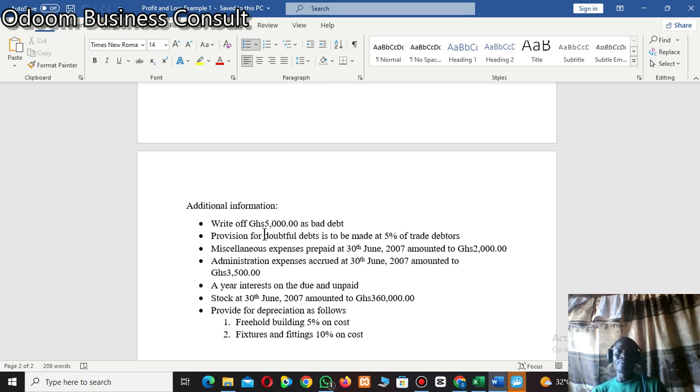And prepaid expenses are the expenses that payment has been made for, but the benefit is yet to be consumed. So a business might rent an apartment, and every year they are to make a payment of, let's say, 2,000 for that rent, and for a particular year, instead of 2,000 they've made a payment of 4,000 at the end of the accounting year.